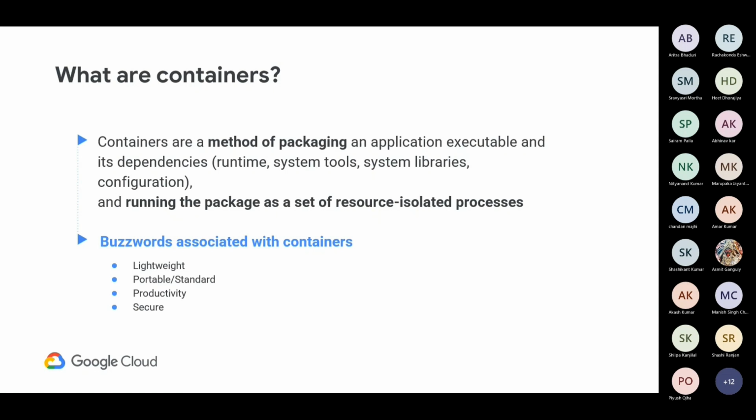Then our buddy Docker comes in, and like any other software, we install Docker, which runs as a service, as a daemon on our host machine. And for running any application, we just pull those images from our registry. There is one standard registry for Docker containers, hub.docker.com. You can visit that.